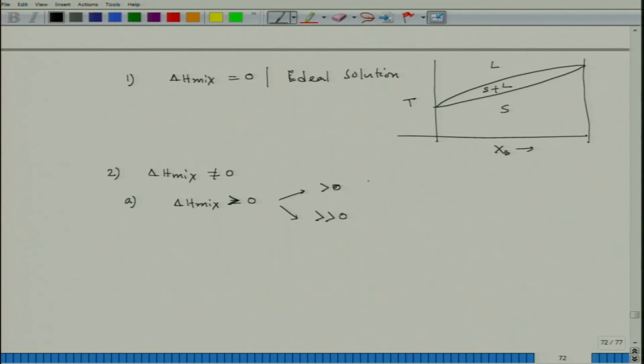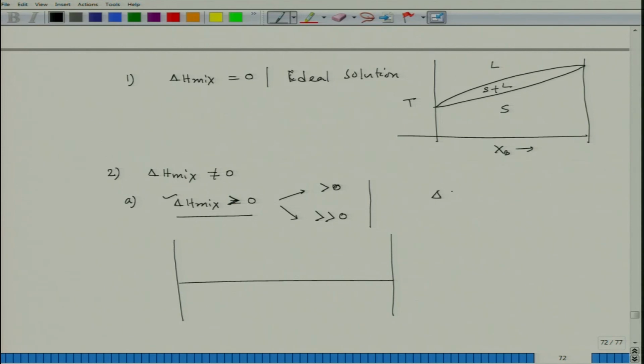But simply if we try to consider if it is greater than 0, what would be its effect on the free energy line of the solution of a particular phase. So, in order to do that, we have to draw free energy composition diagram along with the plot of ΔHmix as well as plot of minus ΔHmix.